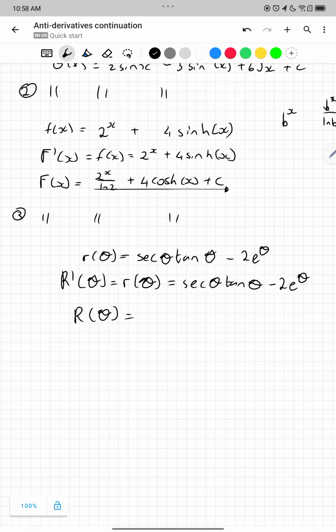So the antiderivative of secant tan is secant, so you get secant theta, and then plus minus 2 constant to the side. The antiderivative of e to the theta is e to the theta plus c. So this is the most general antiderivative. That is our answer.